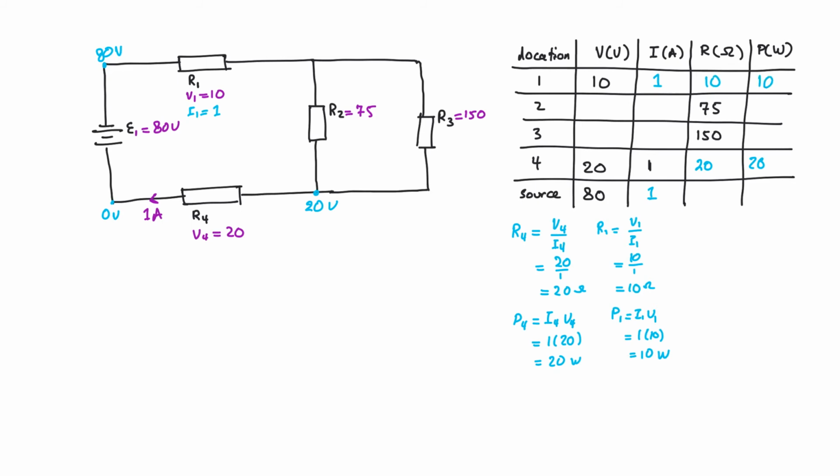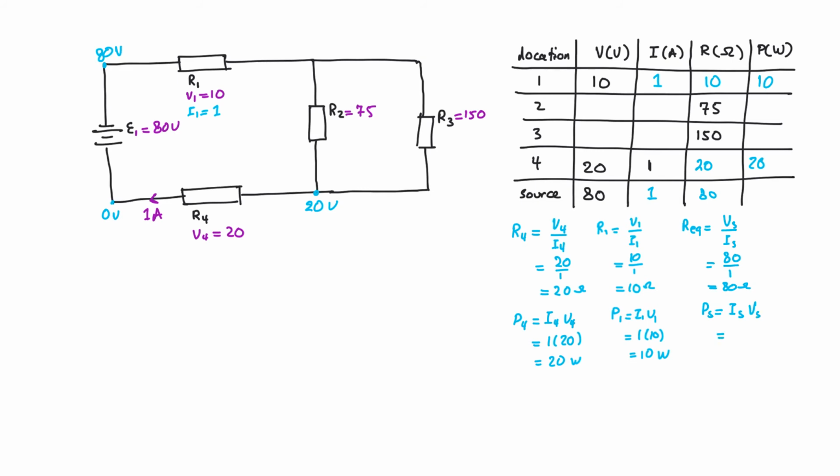For the source, the equivalent resistance of the circuit is going to equal the voltage across the source, or the potential difference, or the EMF across the source, divided by the current, and that's going to equal 80 divided by 1, which means it's 80. For power of the source, that's going to equal the current across the source multiplied by the potential difference, or the EMF.